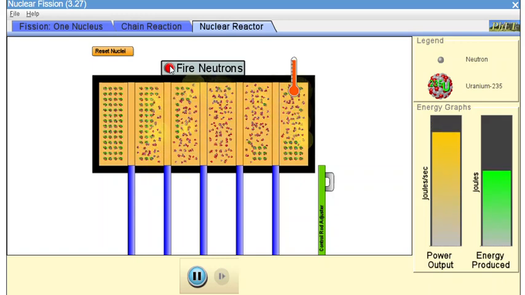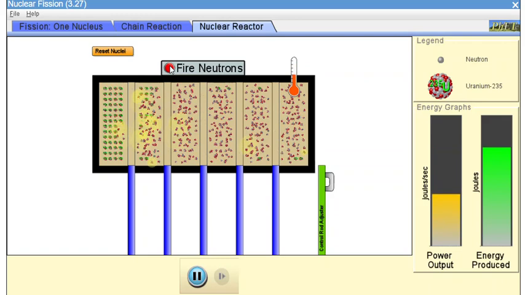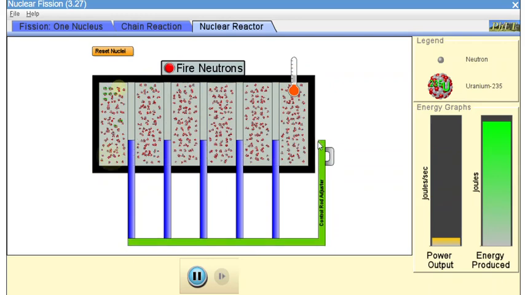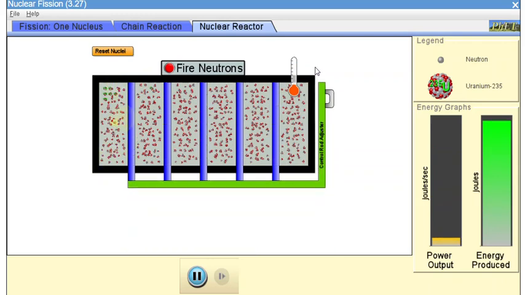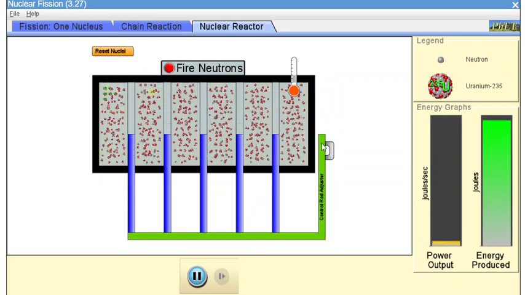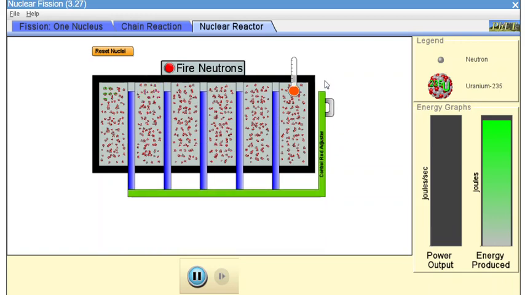We can see how high the power output and the energy that we are producing are. This principle of controlling the nuclear reaction with the graphite bars is basically the mechanism that real nuclear reactors use to control the reaction.